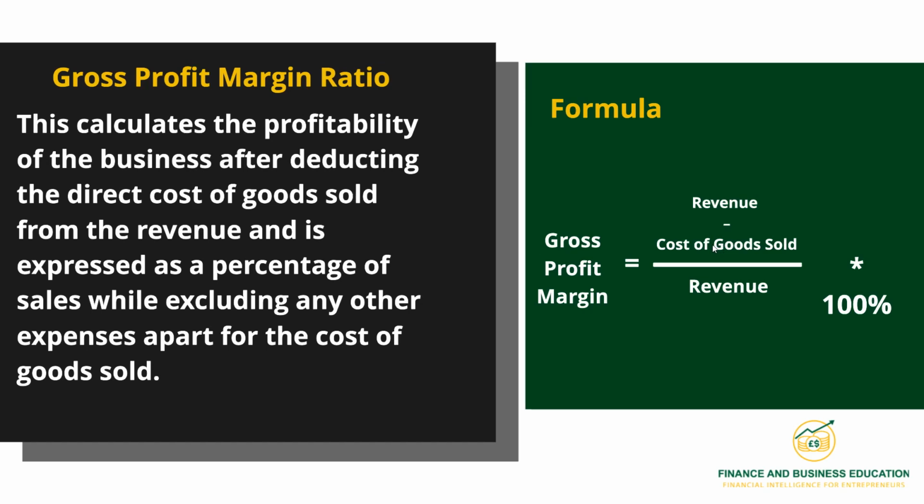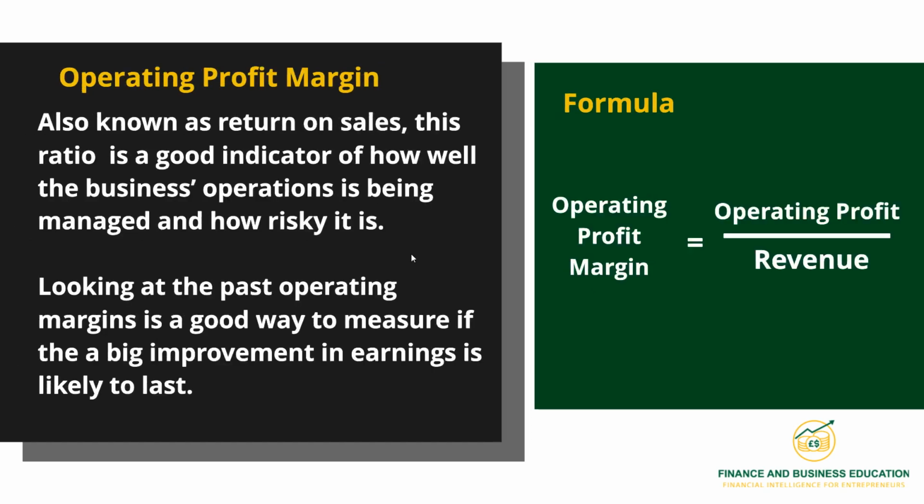That's really, really important because in order to be profitable in business, you've got to be selling your goods and services higher than your expenses, and the gross profit just tracks the direct cost versus the sales price. Then operating profit is basically operating profit divided by revenue, also known as a return on sales.